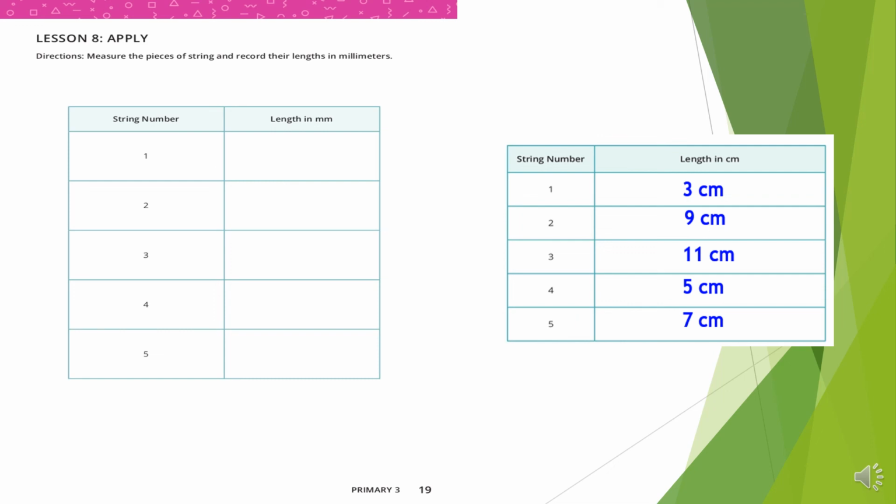Don't forget we said that 1 centimeter equals 10 millimeter. So 3 centimeter will be 30 millimeter, 90 millimeter, 110 millimeter, 50 and 70. Each number we added a 0 to it.